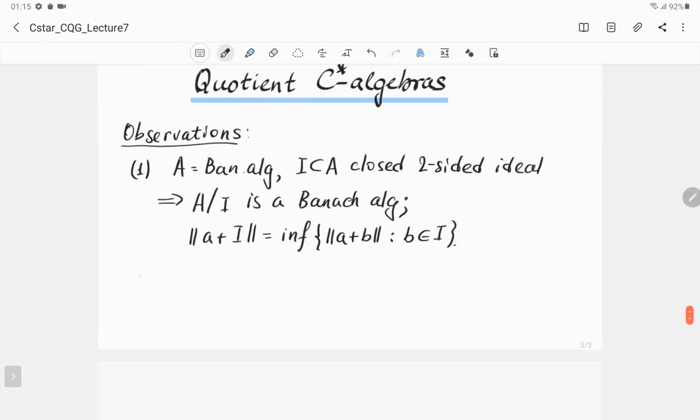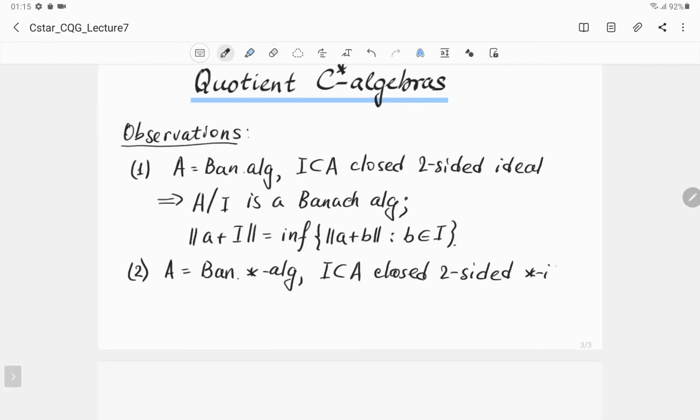And it's very easy to observe that if now A is a Banach star algebra, and I is a closed two-sided star ideal, then the quotient of A modulo I is a Banach star algebra.